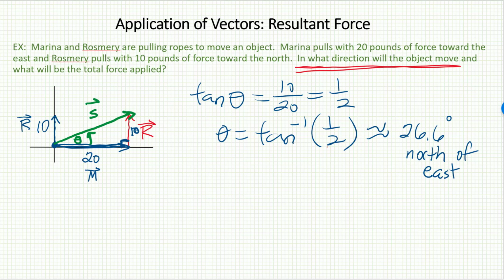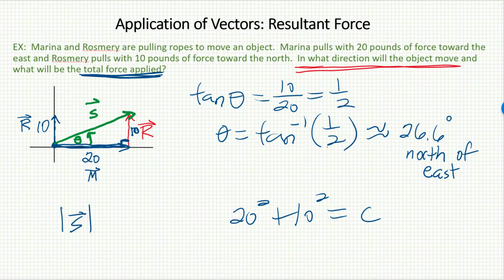How about the total force applied? Well, that's just going to be the length of that green vector, the length of vector S. How could I get that? Well, again, I'm in a right triangle. I can get that by simply using the Pythagorean theorem. 20 squared plus 10 squared must equal that length squared, that hypotenuse squared.